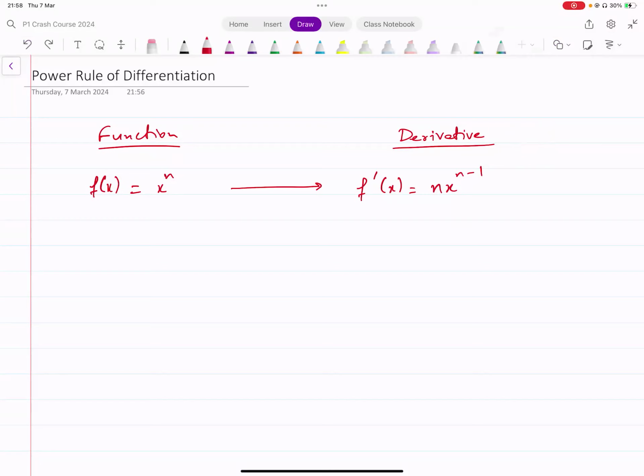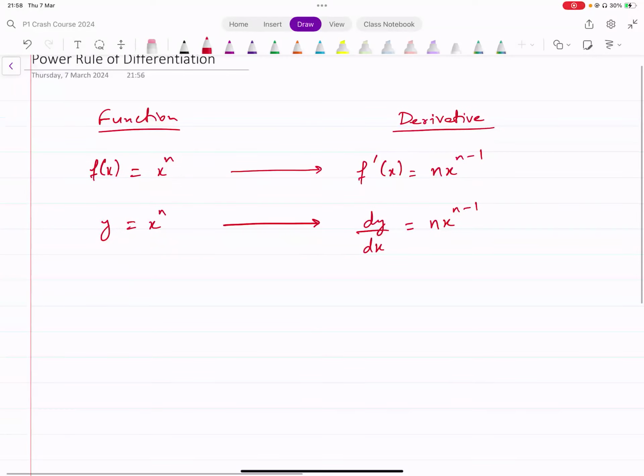That's one notation. There's another notation as well. We will also write it like this. If the original function is y equals x raised to power n, that gives us the derivative like this, dy over dx. That's another notation that you use for differentiation. It's nx raised to power n minus 1. dy over dx equals nx raised to power n minus 1.